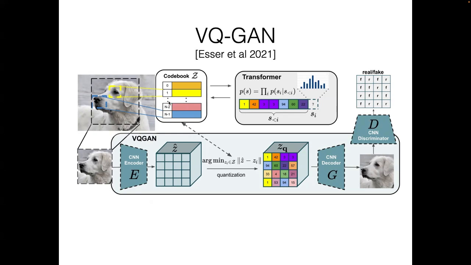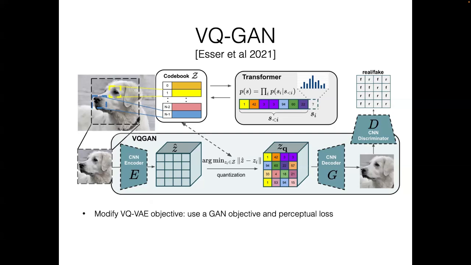Then, given one of these trained encoders and decoders, they get at the idea that we're interested in for this lecture: they train a language model on these discrete codes, a big dataset of them, and then use it to generate images.